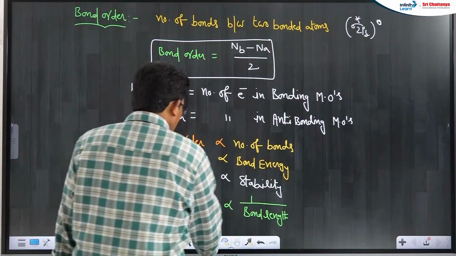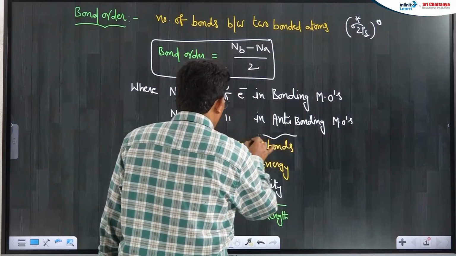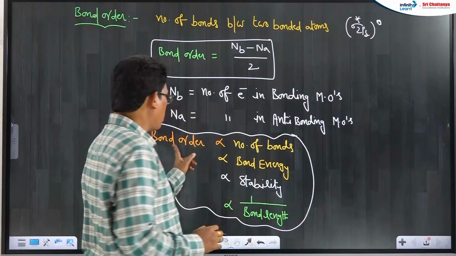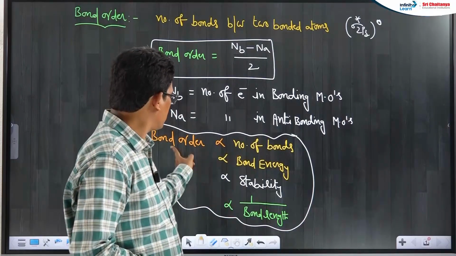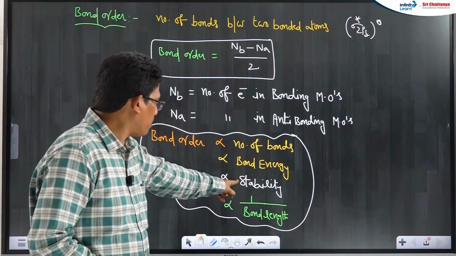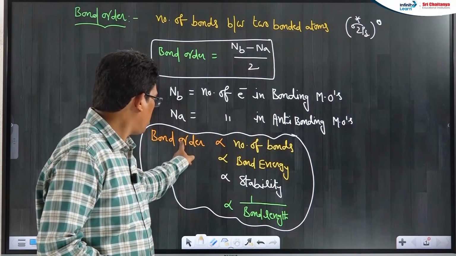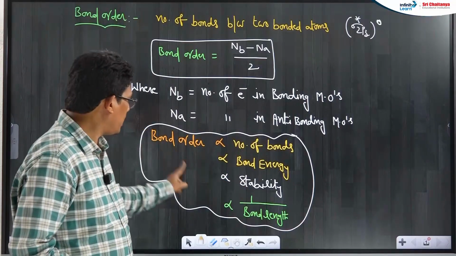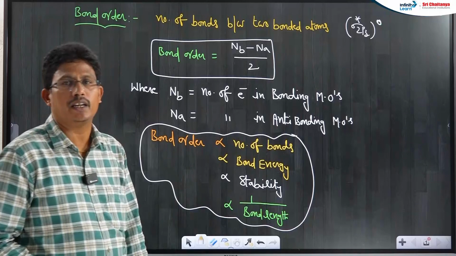First find bond order. After finding bond order, if bond order increases, what happens? Bond energy increases. Bond energy is directly proportional to stability. So, bond order increases, stability also increases. If bond order increases, bond length decreases.